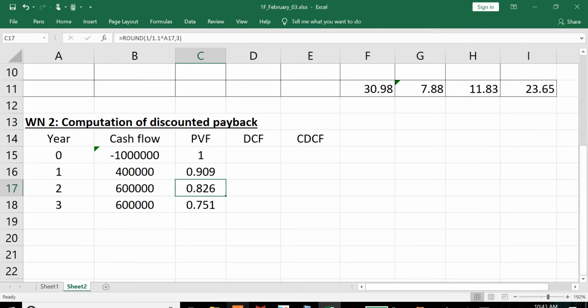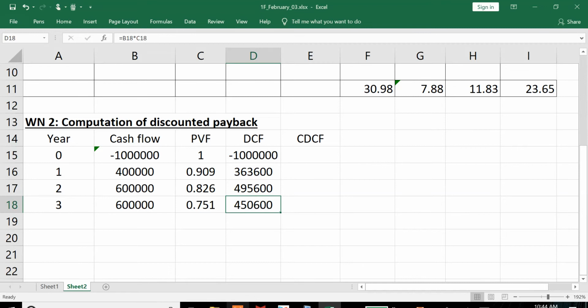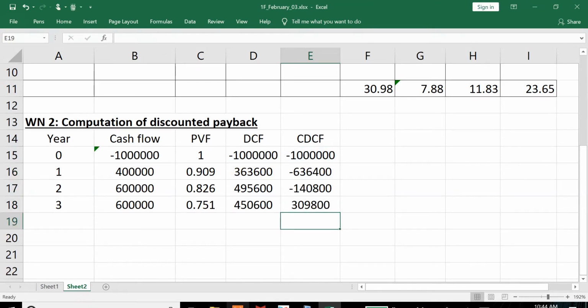Year, cash flow. Cash flow is outflow, sales, cost all combined together. We have already done this in basics. Computation of discounted payback. You complete this, I'll again take you through the formula.